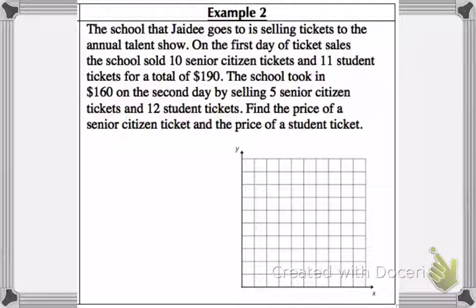So the school that JD goes to is selling tickets to the annual talent show. On the first day of ticket sales, the school has sold senior citizen tickets and student tickets, those are important information, for a total of 190. So on the second day of school, let's see if I can change color here.